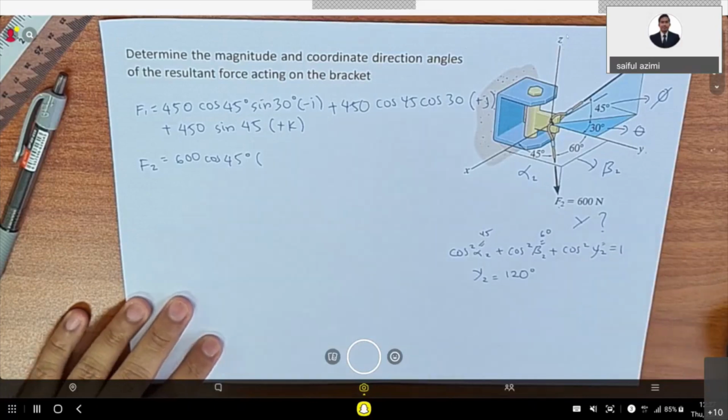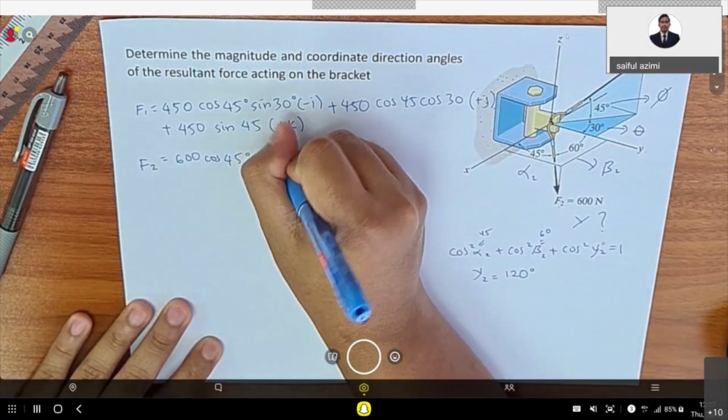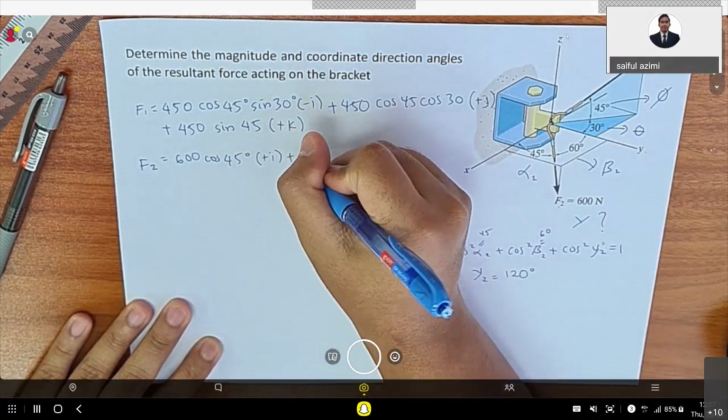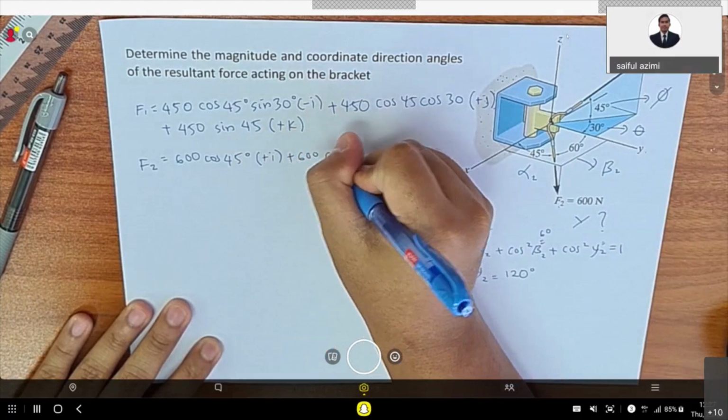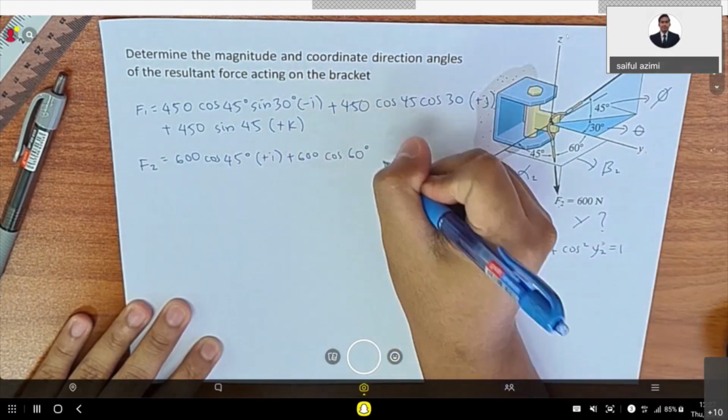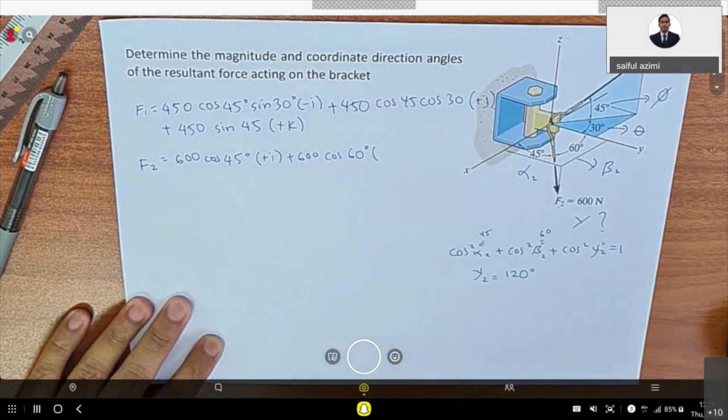Positive. Yes. Plus we have 600 cos 60 degree. What is the direction of J? Positive.